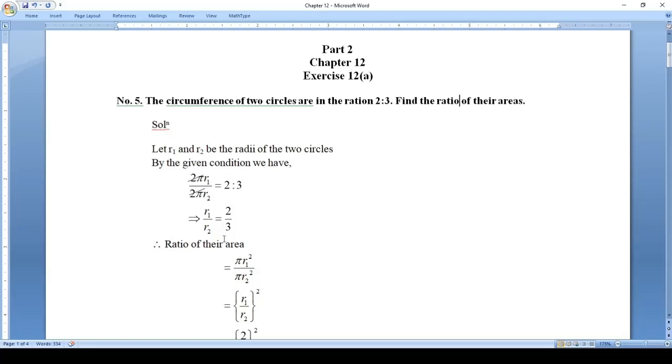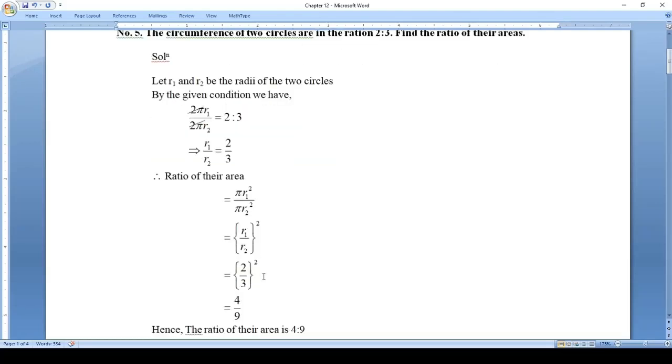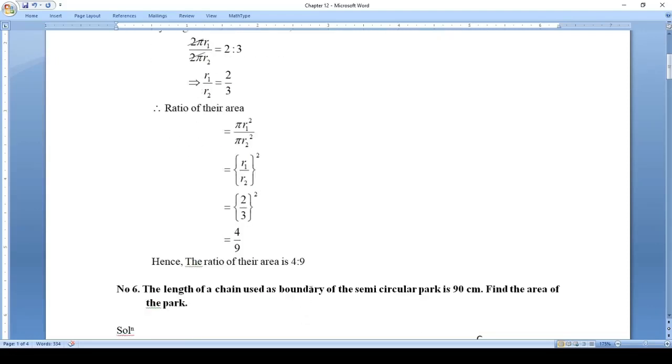Now r1 by r2 we have already got in the first condition, which is 2 by 3. Substituting the value of r1 by r2 as 2 by 3, the ratio of the area will be 2 square by 3 square. 2 square is 4, 3 square is 9. Hence the ratio of the areas is 4:9.